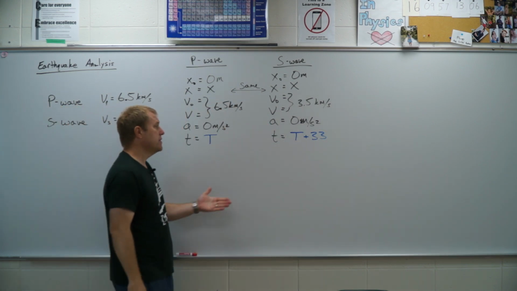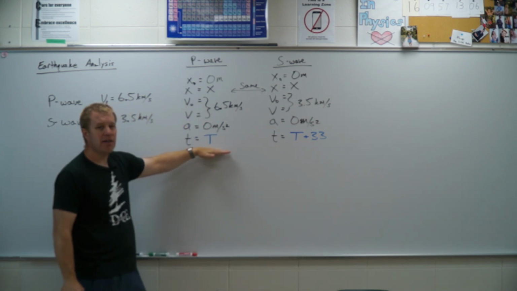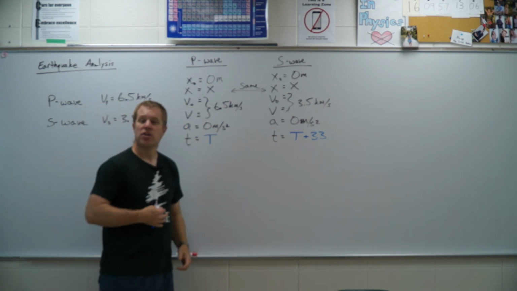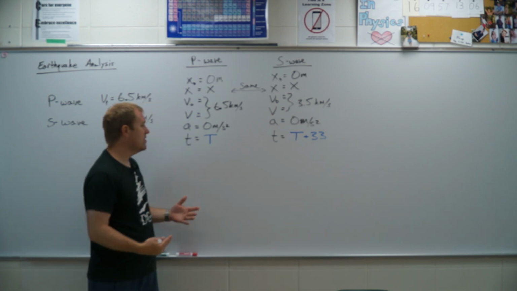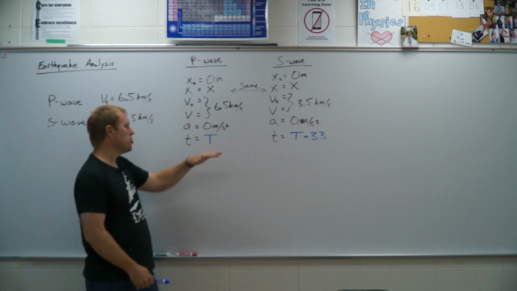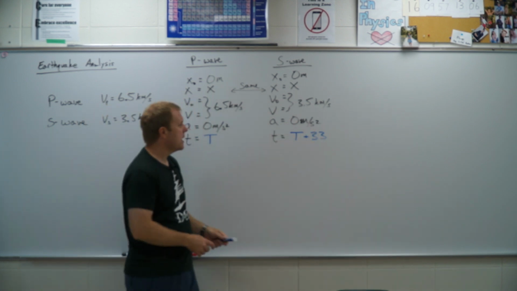Now I could say, well, the time for the S wave was t. That would make the time for the P wave t minus 33 seconds because it took 33 seconds less. So you can flip them around. I tend to always do the plus version instead of the minus version. So the shorter time gets t, the longer time gets the shorter time plus the extra time.